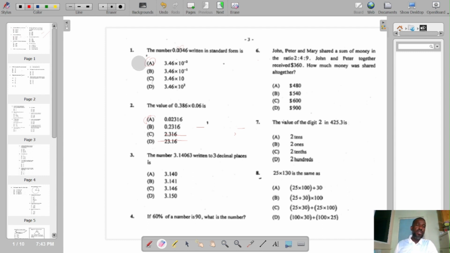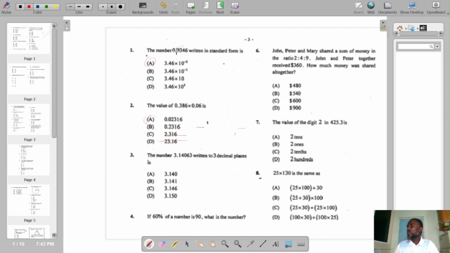So starting with number 1, it says 0.0346 written in standard form is. So again, in order for us to write a number in standard form, we must have one non-zero term before the decimal point, but in this case we have 0.0346.